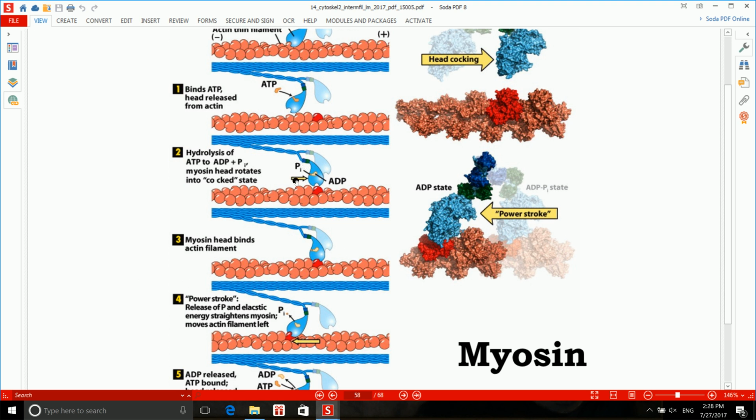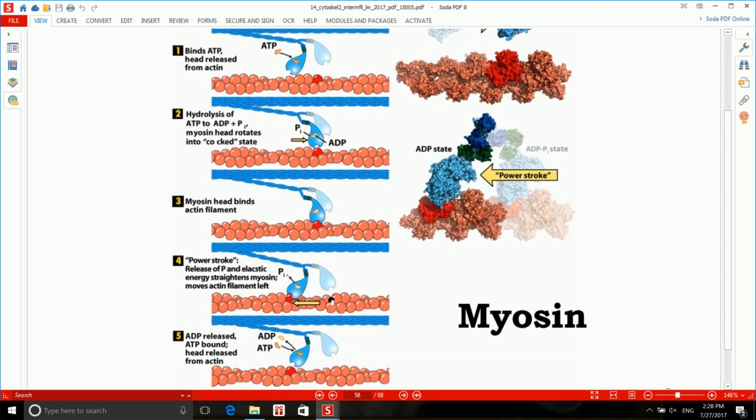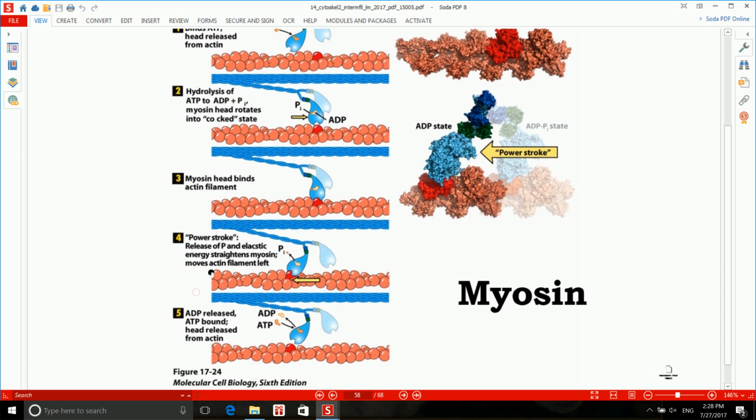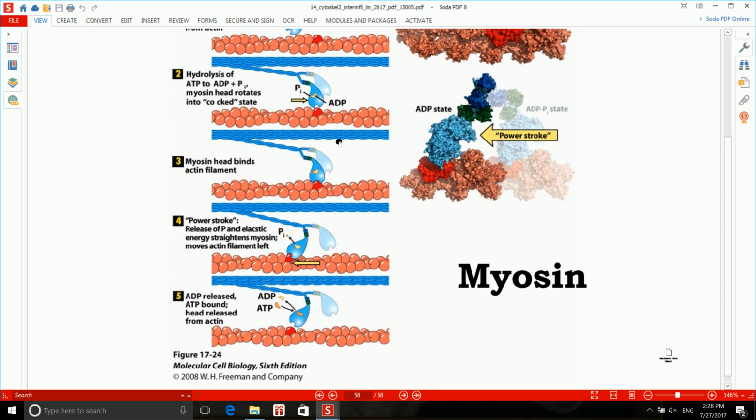When the inorganic phosphate leaves the myosin, myosin will undergo a further conformational change, and that leads to pulling the actin filaments, and at the end contraction of the muscle cells, and this cycle will happen over and over again as long as the calcium signal is not over, which we talked about in the calcium homeostasis.